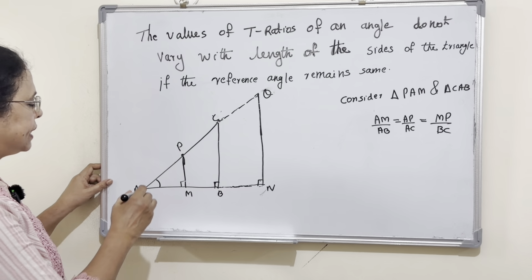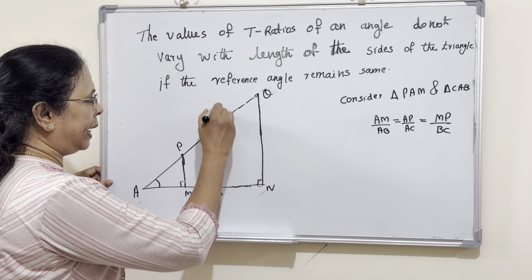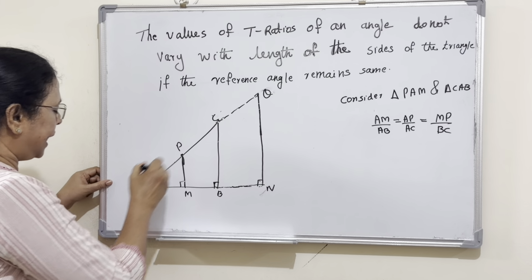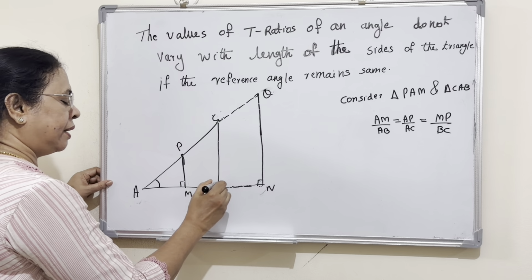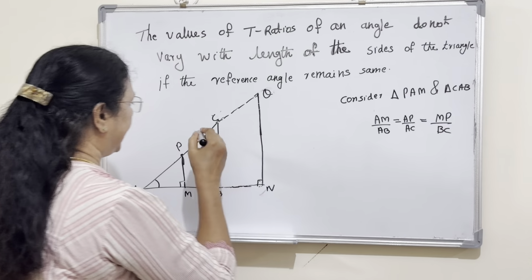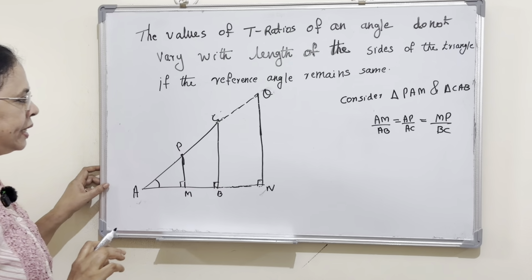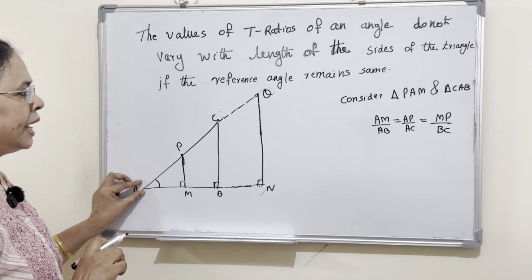So let us consider first the triangle ABC, or I can say CAB, both are same, right angled at B. Consider the triangle PAM and triangle CAB. In both triangles, you can see that angle A is common.